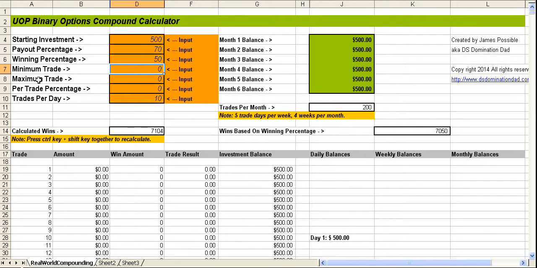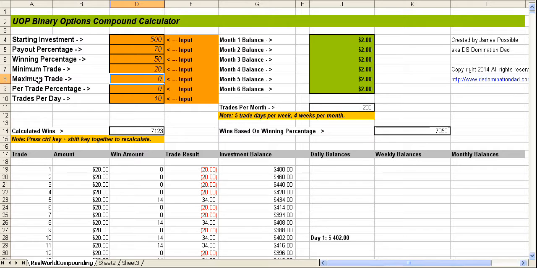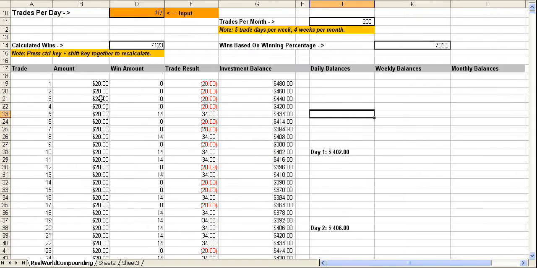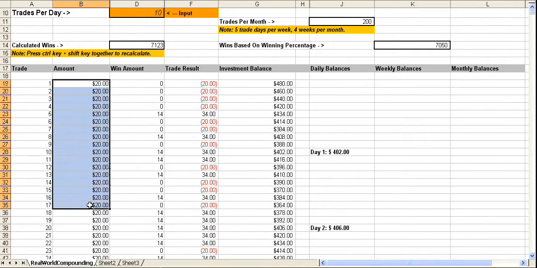Minimum trade. Now, what is the minimum trade all about? Well, if you say to yourself, I don't want to trade any less than $20, so I plug in $20. You can see that the numbers are starting to calculate here, right? And you can see we're hitting the minimum 20.